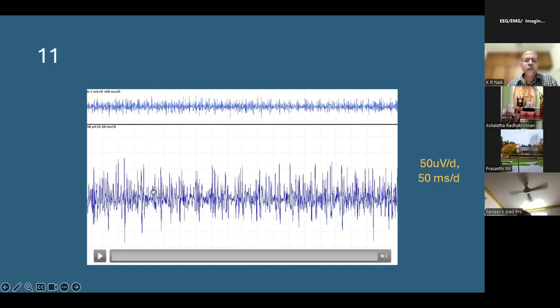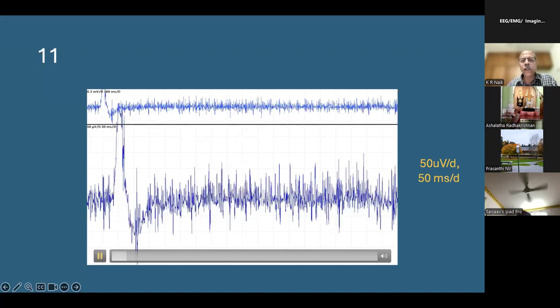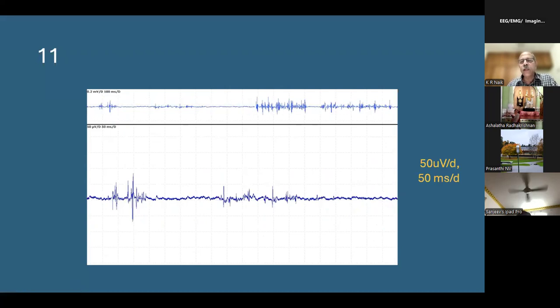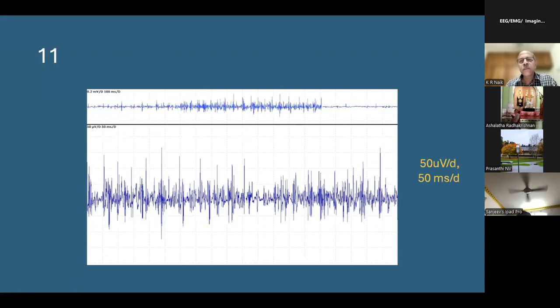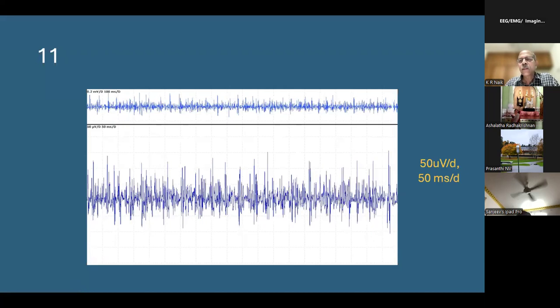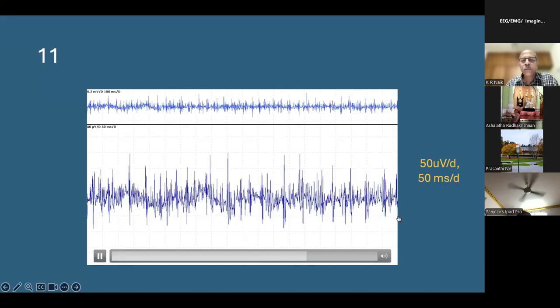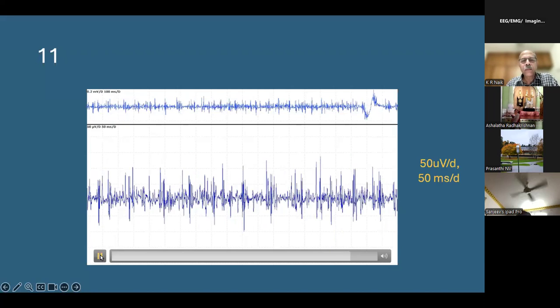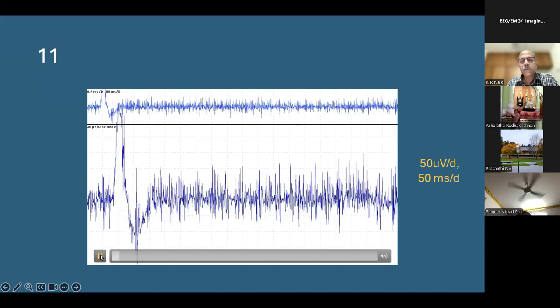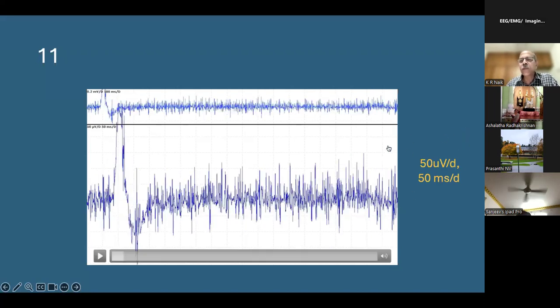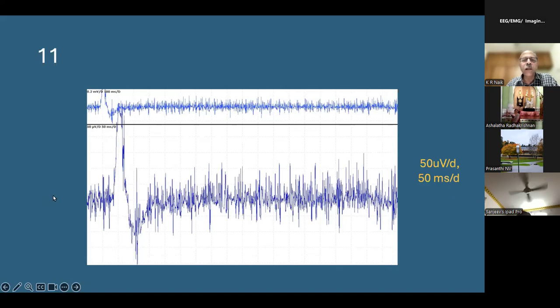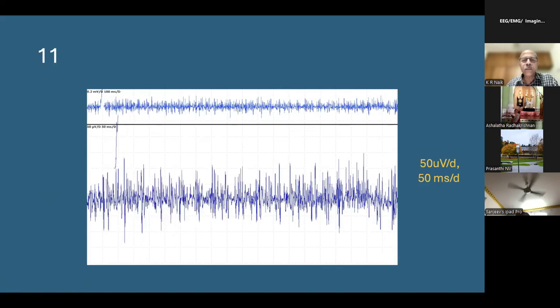Okay. This is recruitment or interference from a limb muscle. 50 microvolts per division, so the total amplitude covered is 500 microvolts from top to bottom, and 50 milliseconds per division to show the condensed recording of the EMG.